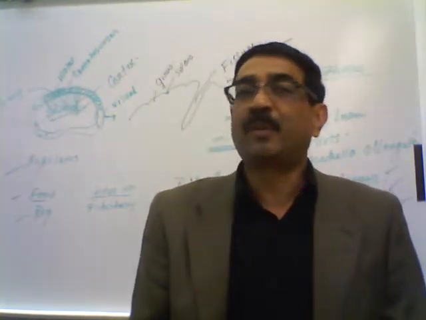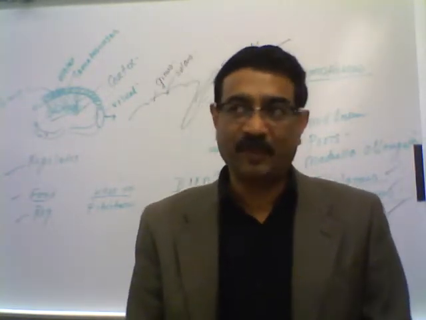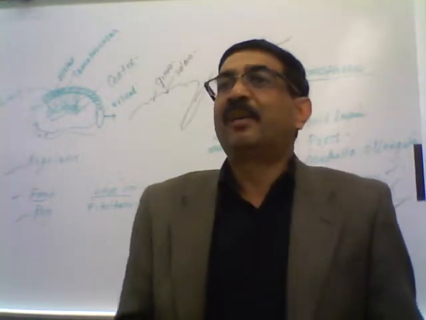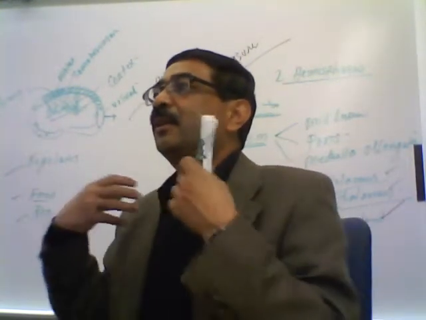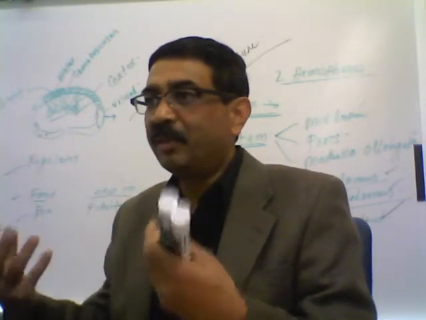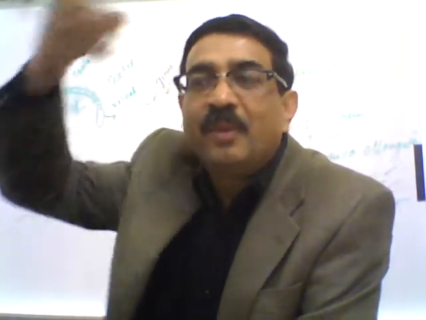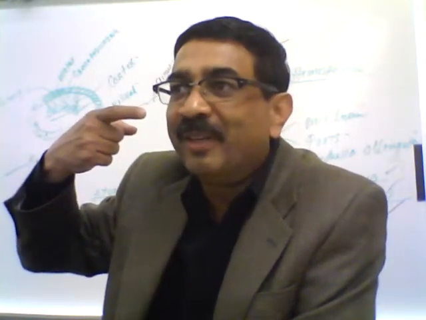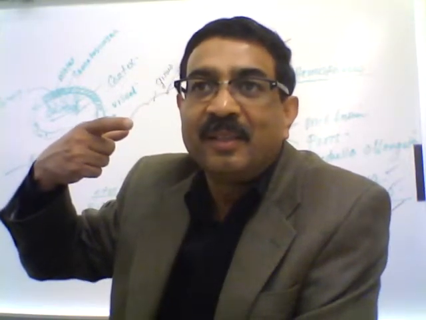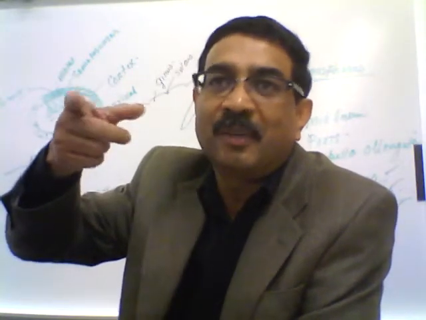So one is for the production of speech, another is for the understanding of speech. Completely different functions. Like, if I want to say something, that's the production, right? Production of speech is controlled by Broca's area. Now, if you say something to me, then I have to understand that, right? What you are saying. Did you get it?